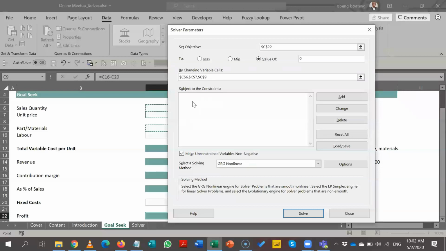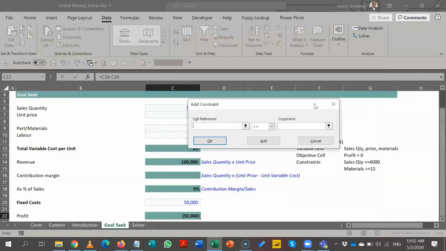Now, what is my constraint? I could solve this directly, but it will solve anyhow. I have to guide it because not all the resources are unlimited. So to add the constraint, all you need to do is click Add, and you get this dialog box.